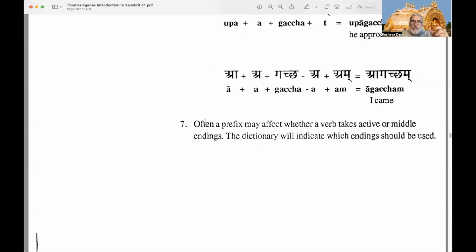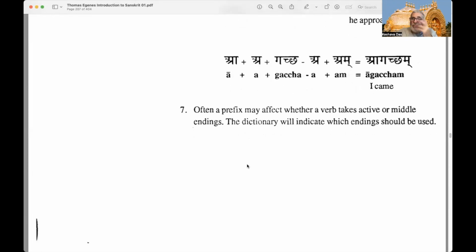So we have the long a, which is the upasarga, followed by the short a, which is the augment and the marker of the past tense, followed by gacha, followed by a short a and m, which would be the first person singular ending, and it becomes agacham.